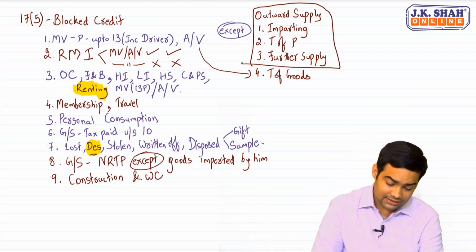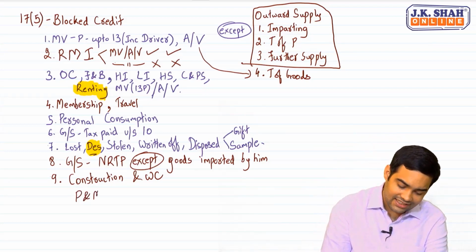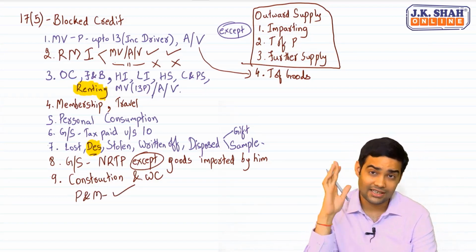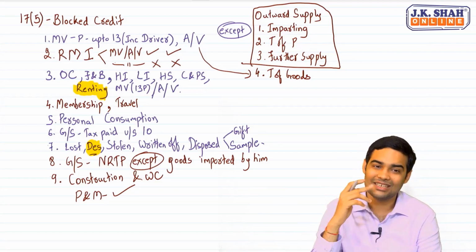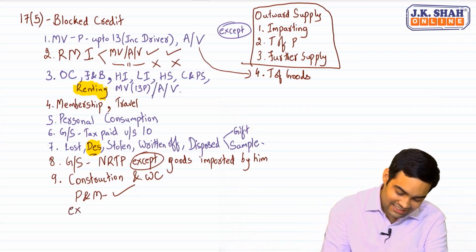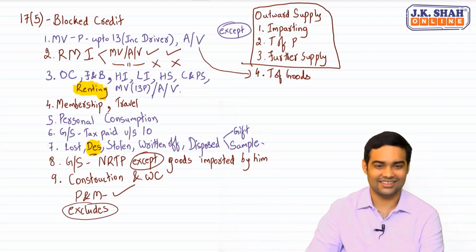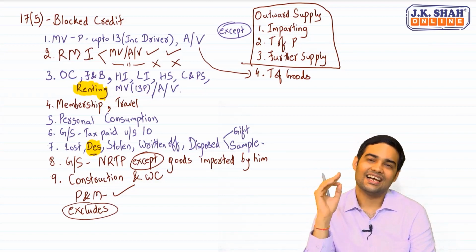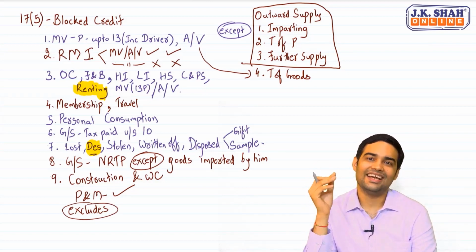But if it is used for plant and machinery, then ITC will be available even if such plant and machinery is immobile. And then the government says plant and machinery excludes three things. That means on these three things, again, ITC will not be eligible.